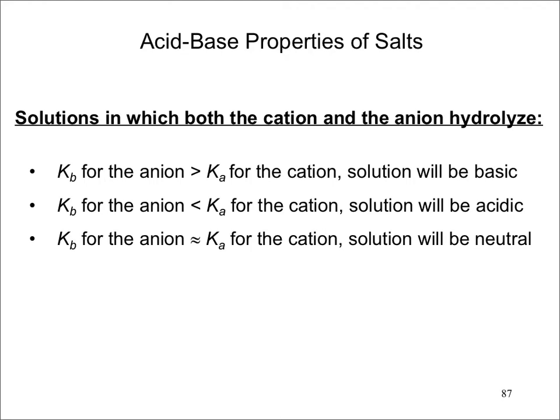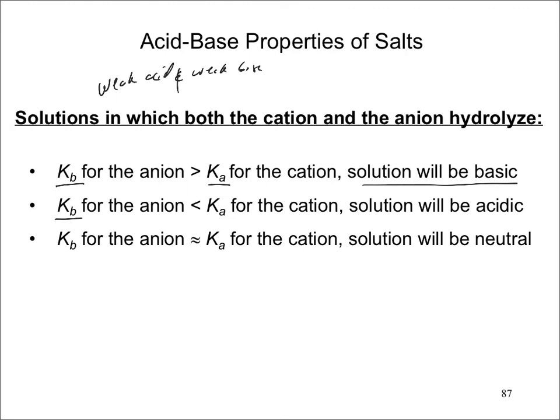So, solutions in which both the cation and the anion hydrolyze. What if you've got a weak acid and a weak base? If the Kb for the anion is greater than the Ka for the cation, the solution will be basic.